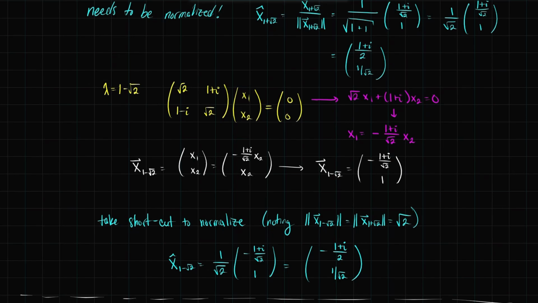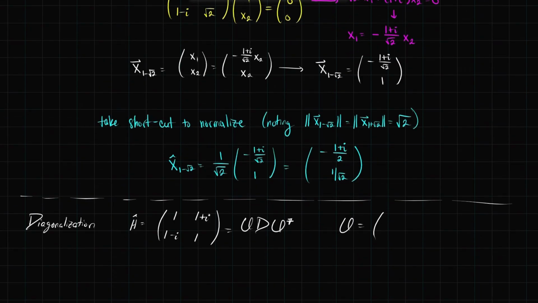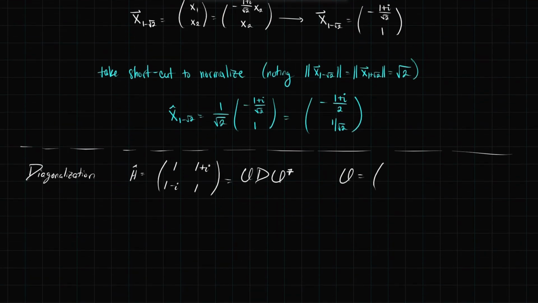So I have, in the first case, (1 plus i) over 2 and 1 over root 2. And in the second case, negative (1 plus i) over 2 and 1 over root 2. So that's my unitary matrix, and my diagonal is the eigenvalues, 1 plus root 2, 0, 0, 1 minus root 2. So there you go.